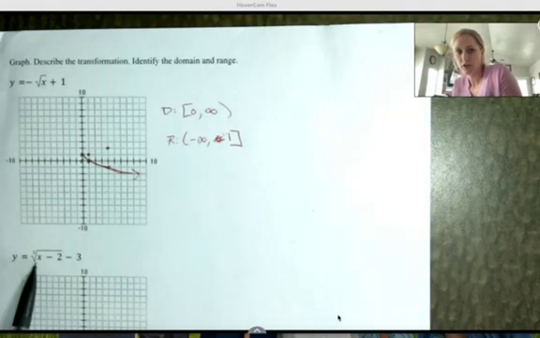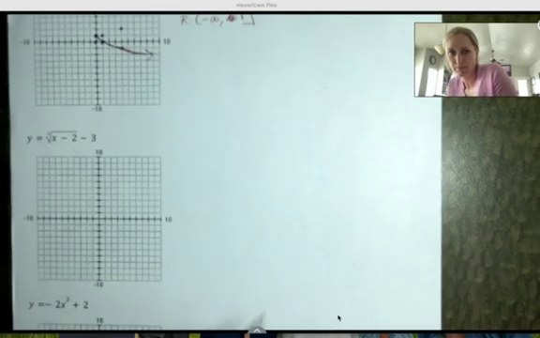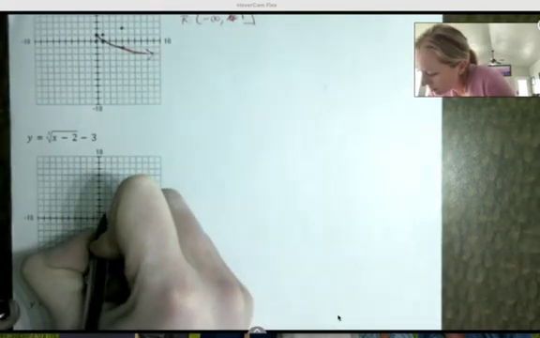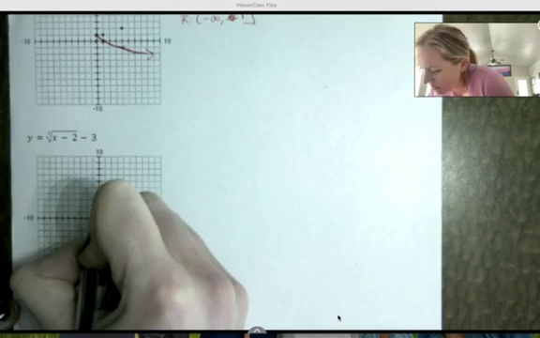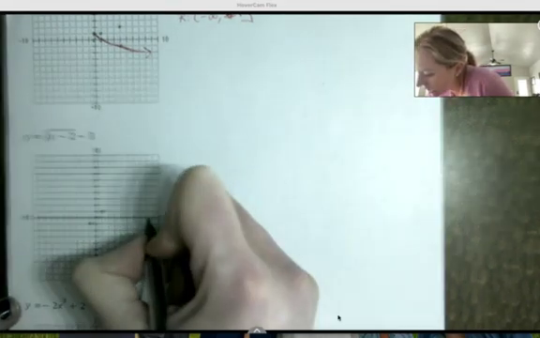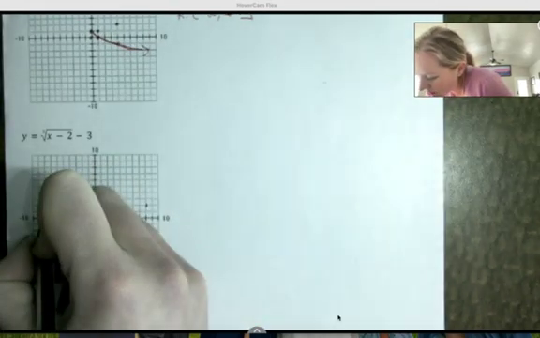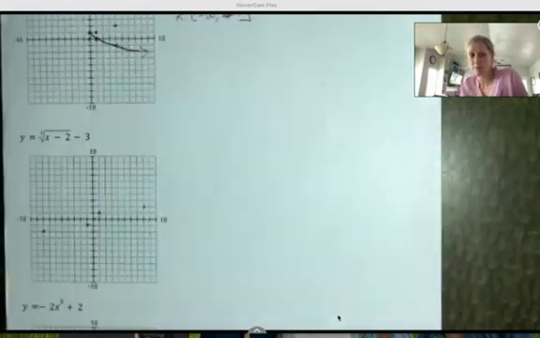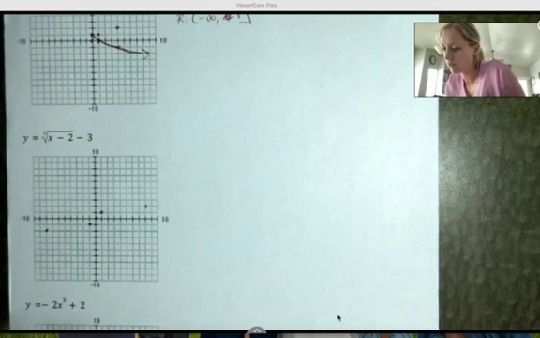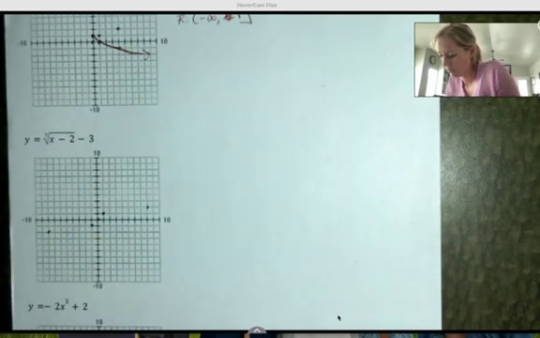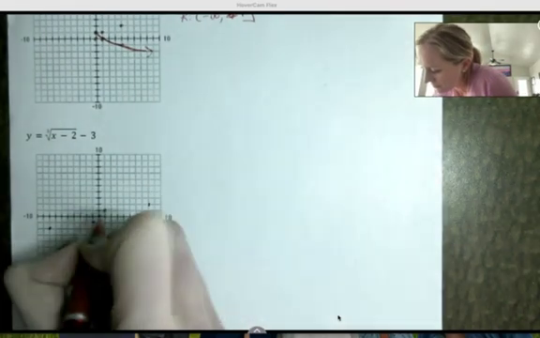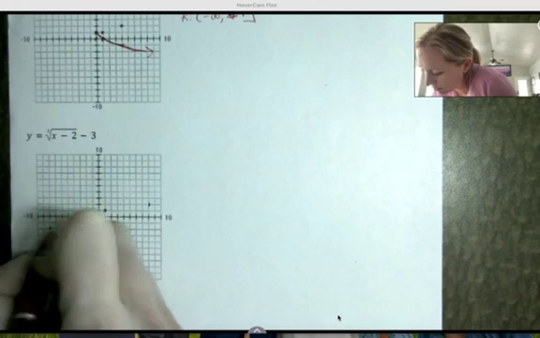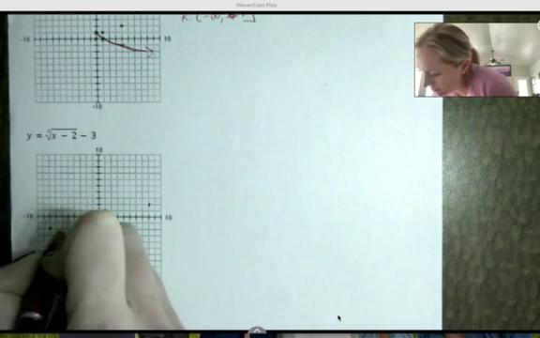Now, this guy, cube root function, parent pieces, those 3, and then 8, 2, and negative 8, negative 2 are 5. Really, those 3 are kind of the big ones. So this one's going to move right 2 and down 3. So we're going to go right 2, down 3.